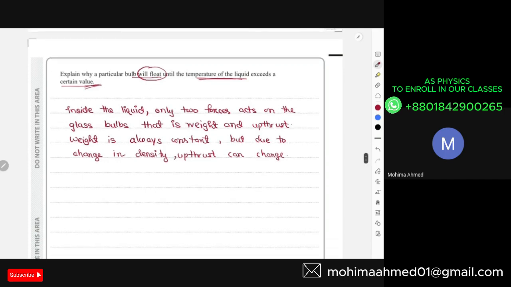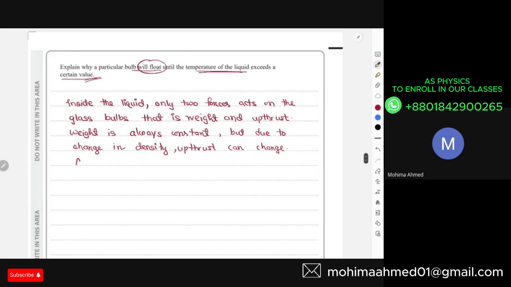Upthrust can change. Temperature increases, density decreases.